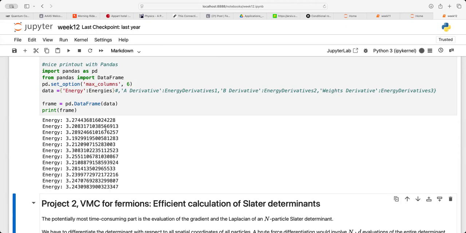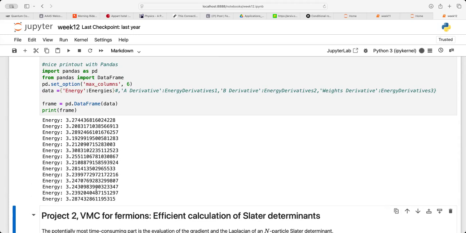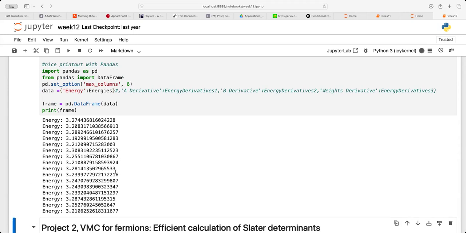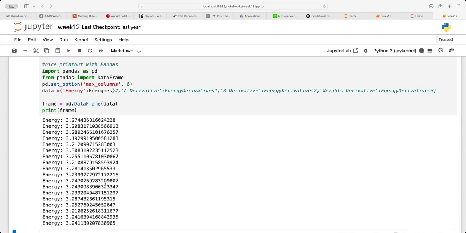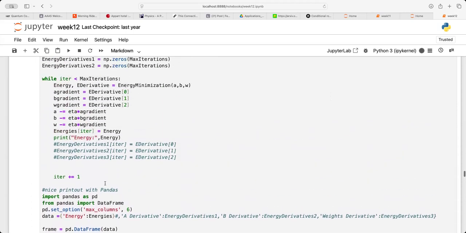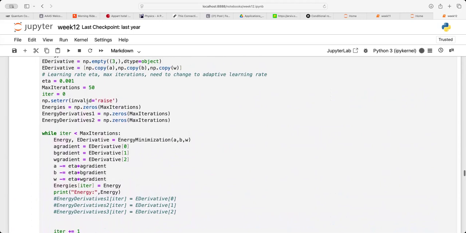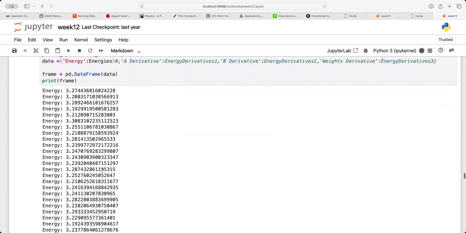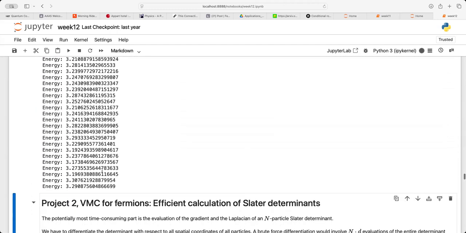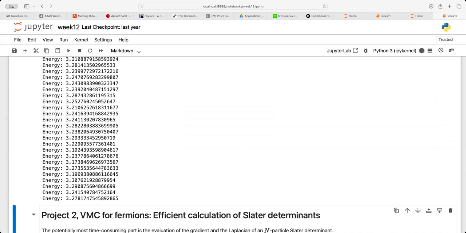You can add more parameters, but you see I'm getting something like 3.2428. This still oscillates, which means that I would need to think of changing the learning rate, improve the max iterations. The gradients are not going to be close to 0. And this is very much what we saw previously when we added interaction.